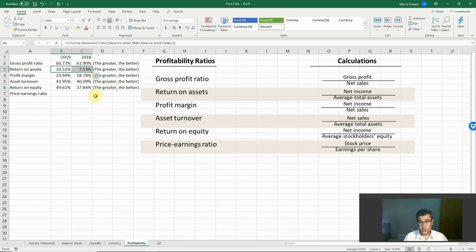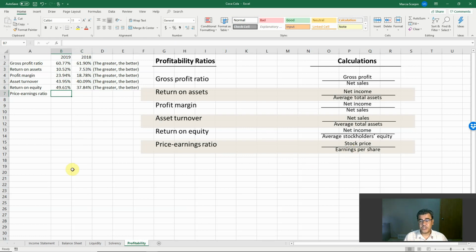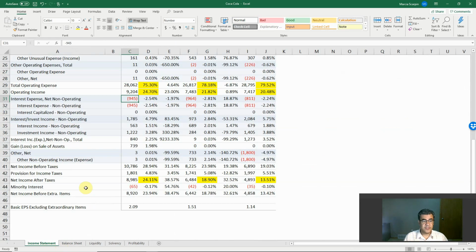We have no stock issuance here, so it is good. We have no extraordinary items here. And now we need stock price divided by earnings per share. Earnings per share, they are in the financial statements, in the income statement. Usually we have basic and diluted earnings per share. Usually they are almost the same.